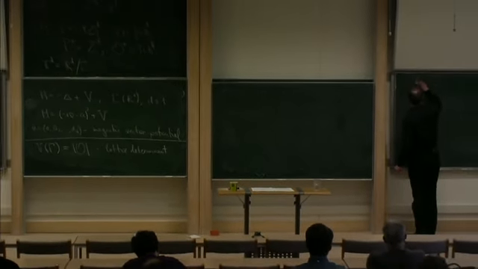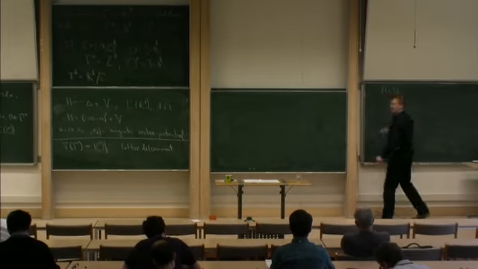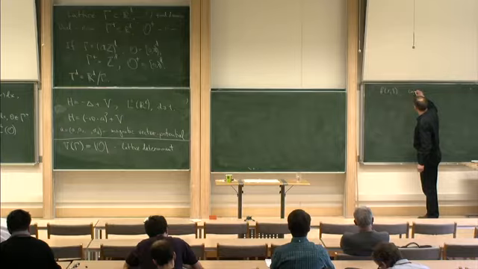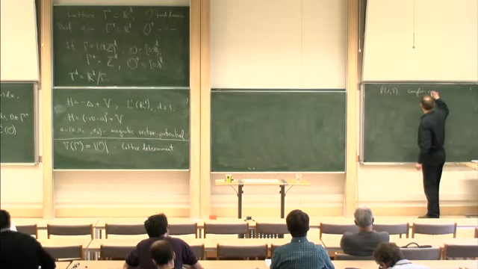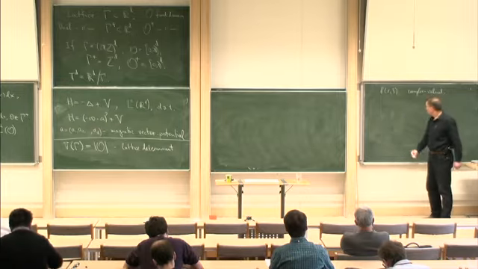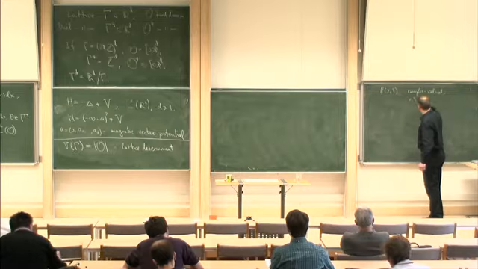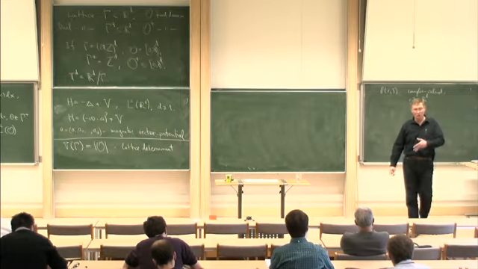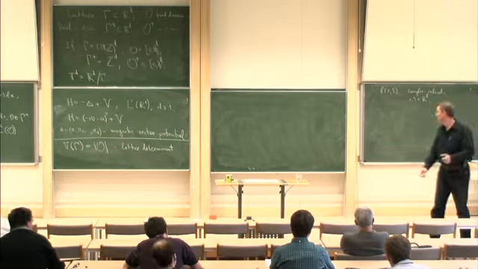So we have a function, a complex valued function in general of two variables. Both of them are in R^d, so this is x, and the dual variable, momentum xi.